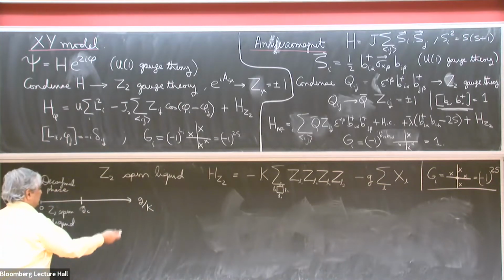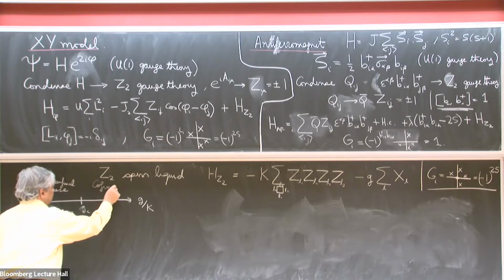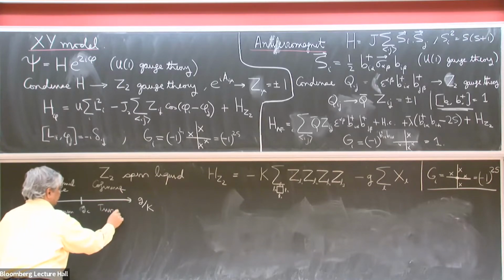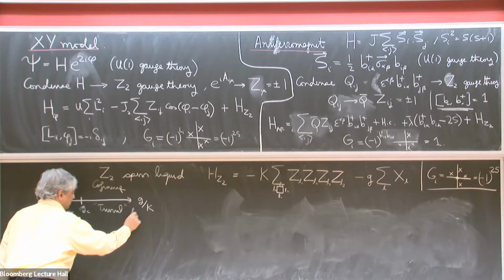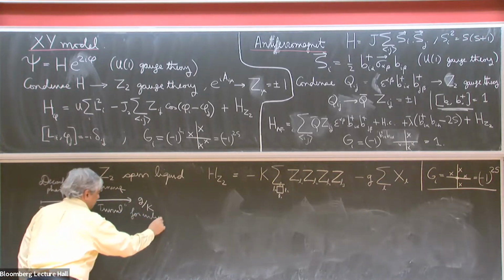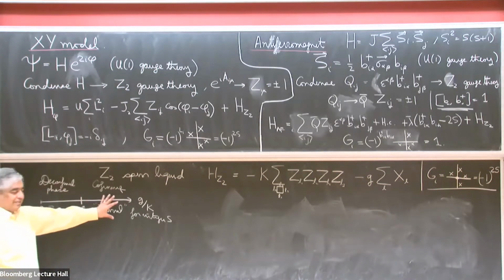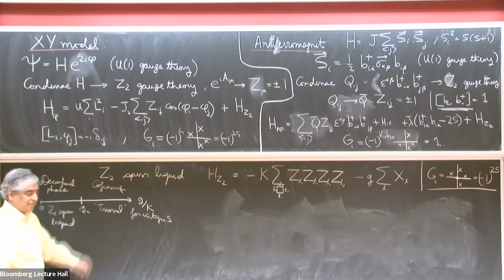And at large g, there's the confining phase. And this will be, at least for integer S, the trivial phase that we're not interested in. And what it is for non-integer S, well, for half integer S, let me leave that as a suspense for now.